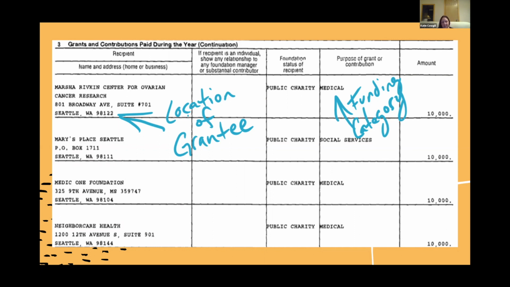So it gave you a really good idea of, hey, they may say they fund up to $20,000, but they really don't. They fund up to $10,000, and generally that's what they're going to give. So also a really good one to check is what they're actually funding versus what they're saying.